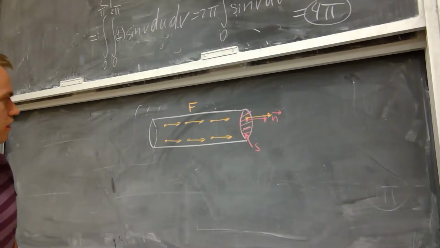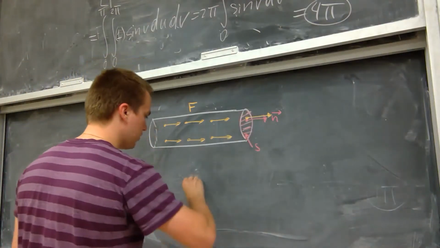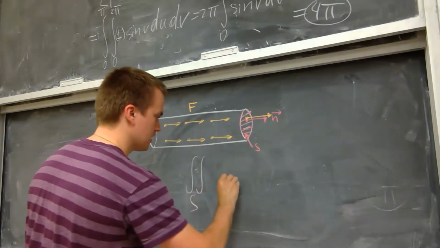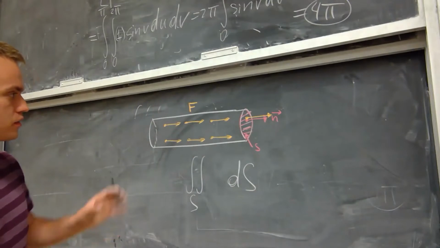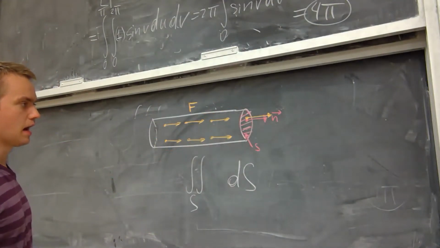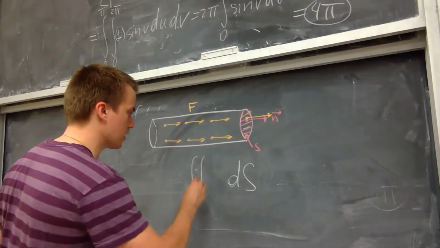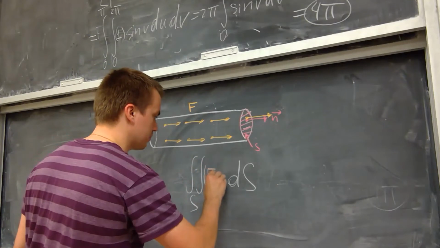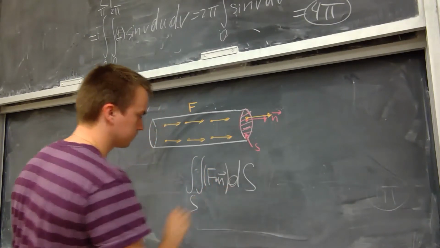Okay, I can just describe it intuitively. The idea is the double integral over S of dS, computing the area. So in this case, I will have the area of the circle. And the amount of water which comes through this surface is going to be represented by F dot N.